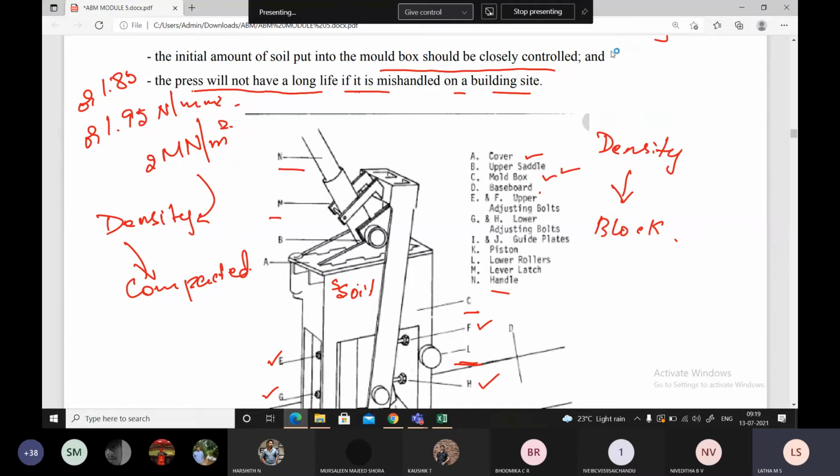That means, when you are compacting the soil or pouring the soil, you have to measure the quantity of soil you load into this container. You cannot exceed that value. That is what it is telling. The initial amount of soil put into the mould box should be closely controlled.